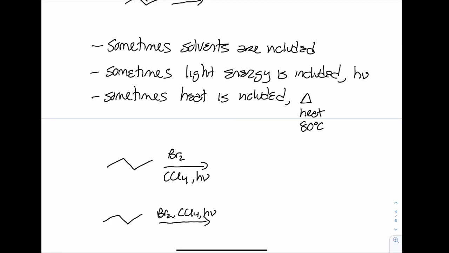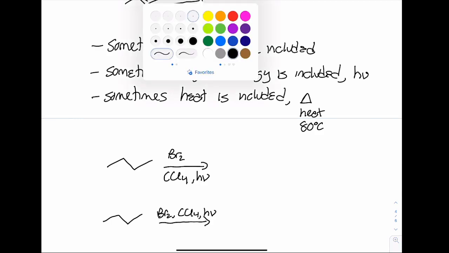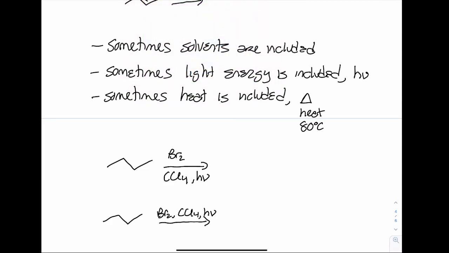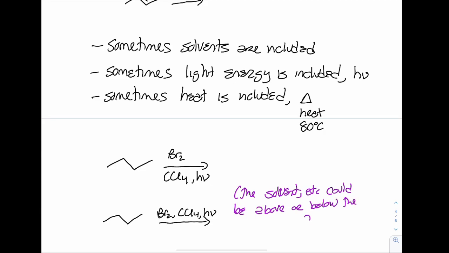I tend to write it that way, but it doesn't have to be that way, so be careful. My solvent could be on top of the arrow or below the arrow, and the same with light energy and heat. The solvents, let's say, etc., could be above or below the arrow.